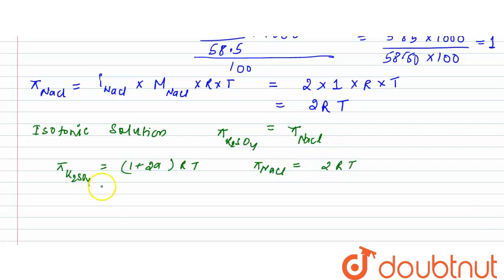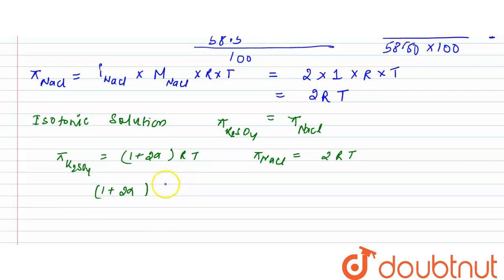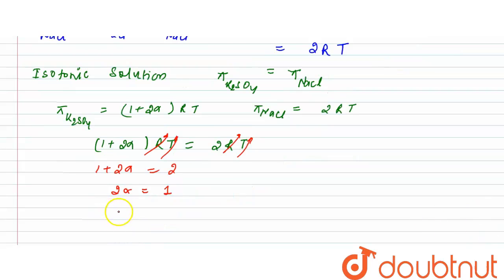On equating these two, where alpha is the degree of dissociation of K2SO4, 1 plus 2 alpha into RT is equal to 2RT. RT will cancel out from both sides and you can write 1 plus 2 alpha is equal to 2. So 2 alpha is equal to 1, or alpha is equal to 0.5.